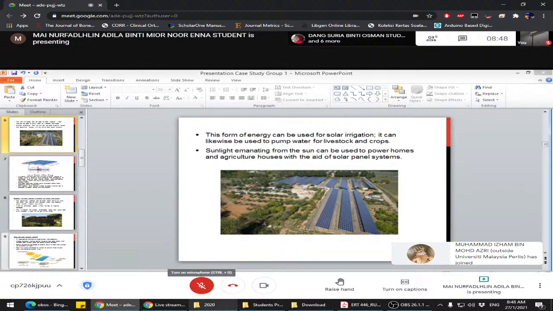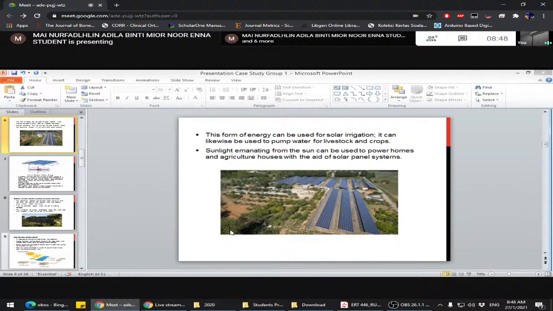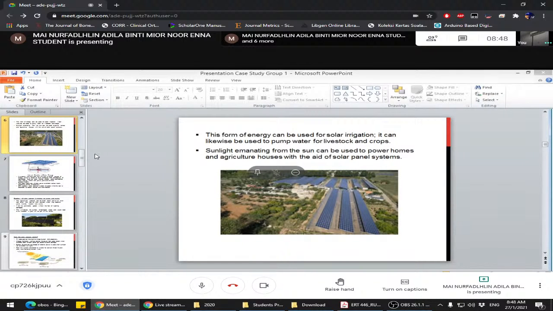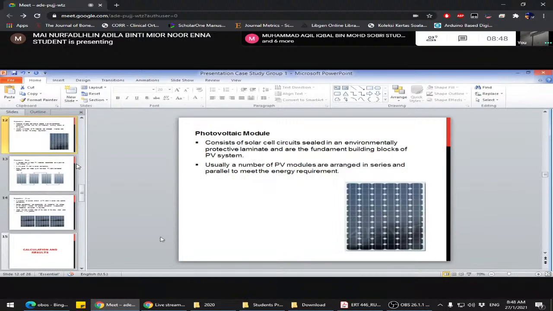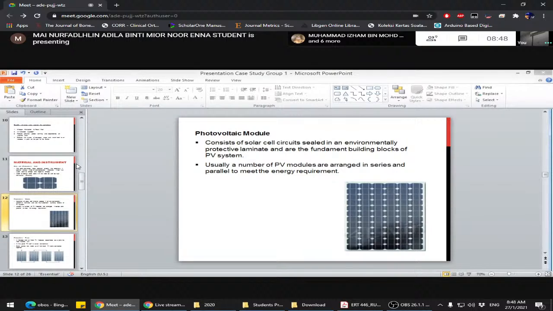Next is photovoltaic module. It consists of solar cell circuit sealed in environmentally. Nanti dulu. Ya. Boleh tak awak tukar slide ni? Saya nampak benda yang sama je ni. Dekat slide nombor 6 je dari tadi. Buka slideshow, buka slideshow. Mana buka slideshow?